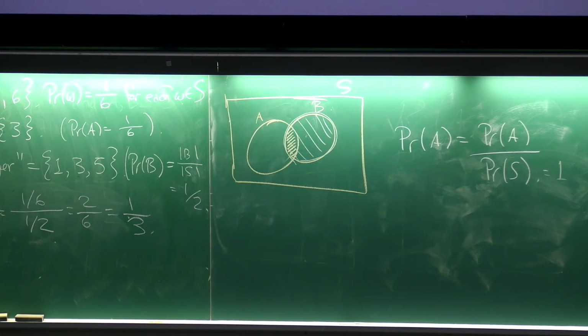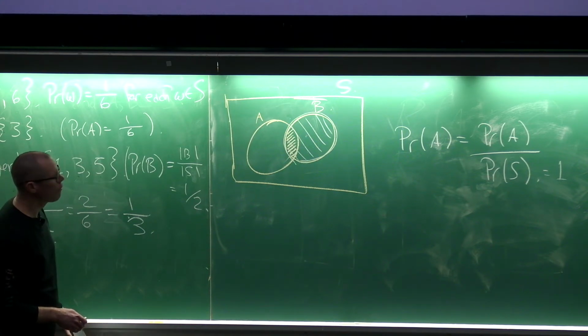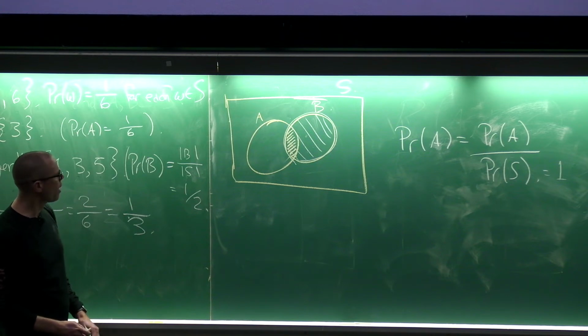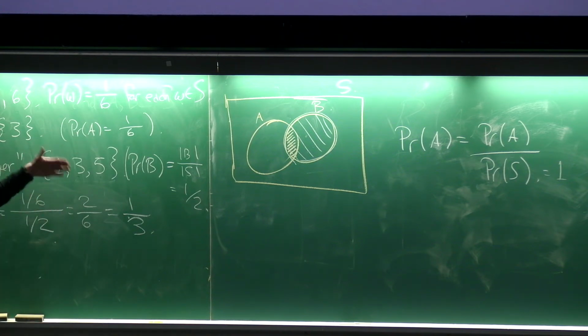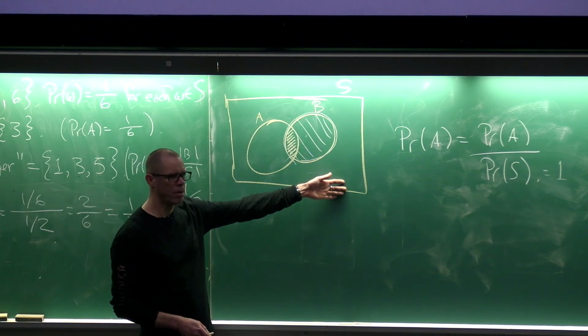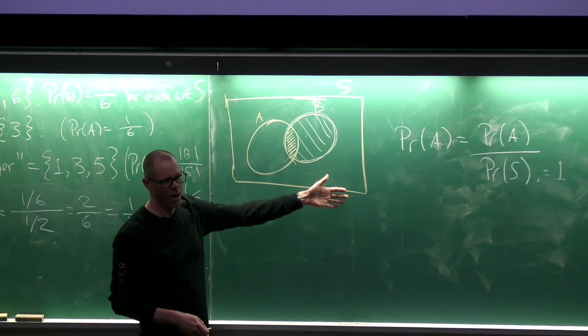Yes, but you have to be a little bit careful. All of this works really well in uniform spaces, and we'll see it shows up all of the time. In uniform spaces, every probability is something divided by the size of S. So the probability of A on top is going to be something divided by S, and the thing on the bottom is going to be something divided by S. And so those two divided by S's cancel out.